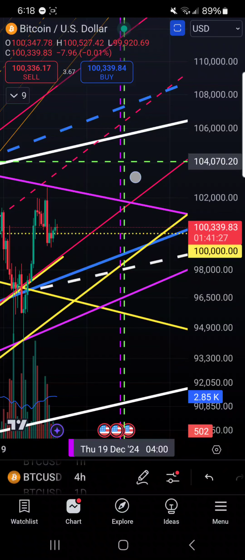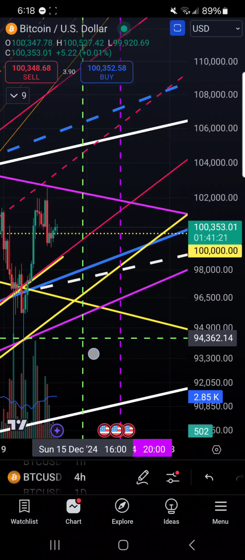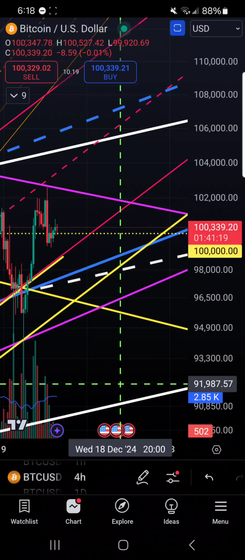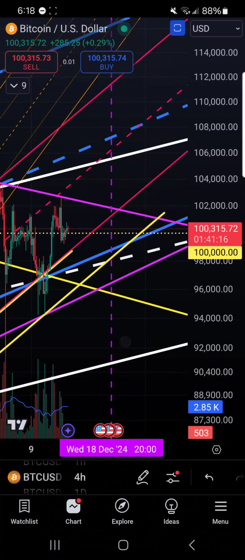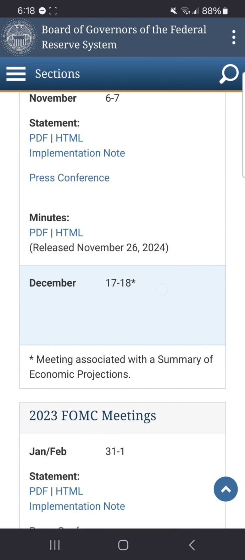And this vertical bar here is the FOMC meeting next week on the 18th, next Wednesday. And we always tend to oscillate in a triangular formation into these meetings. Now, this one's also important because it has a little asterisk on it right here.